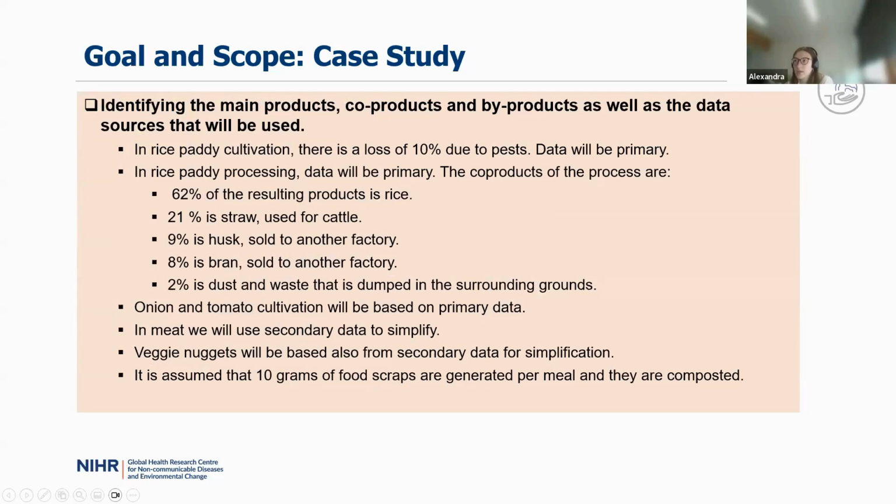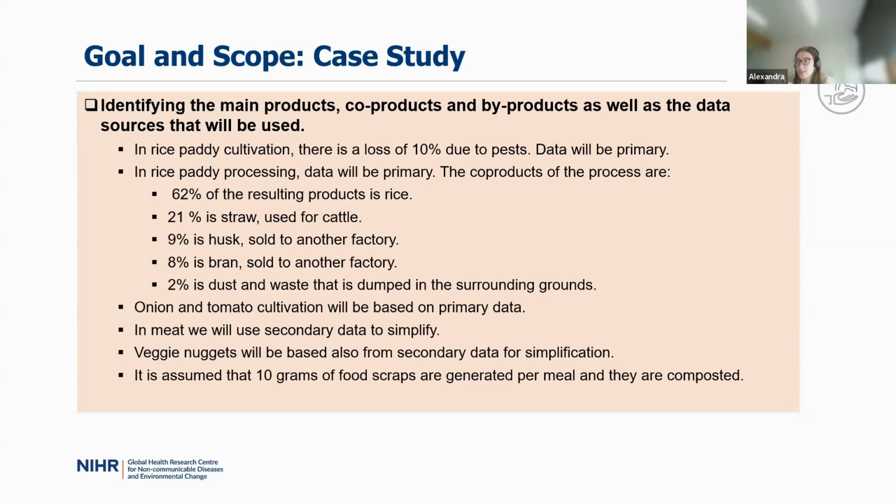Although we will not be going into detail today on how to make this in Activity Browser, it is important for us to assess the main products which we have: tomato, rice, onion, and meat or vegetable nuggets.